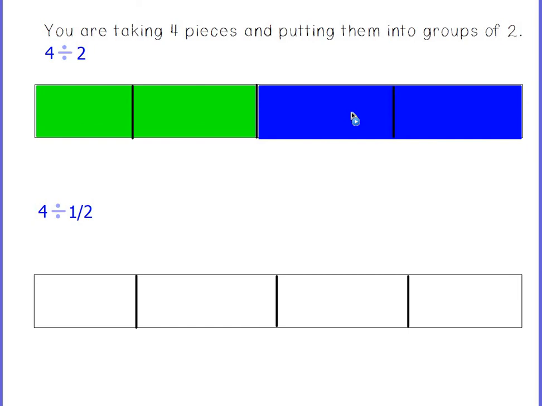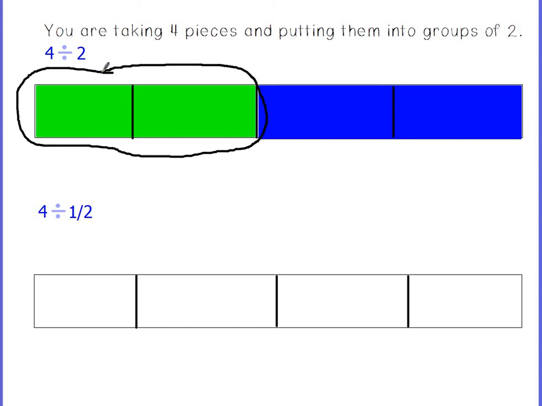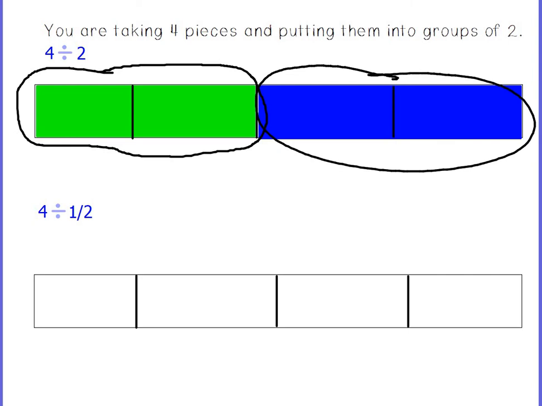So how many groups did I make? And that will give me my answer. Okay, well, I have one group of 2, and then I have a second group of 2. So by taking 4 and putting it into groups of 2, I made 2 groups.